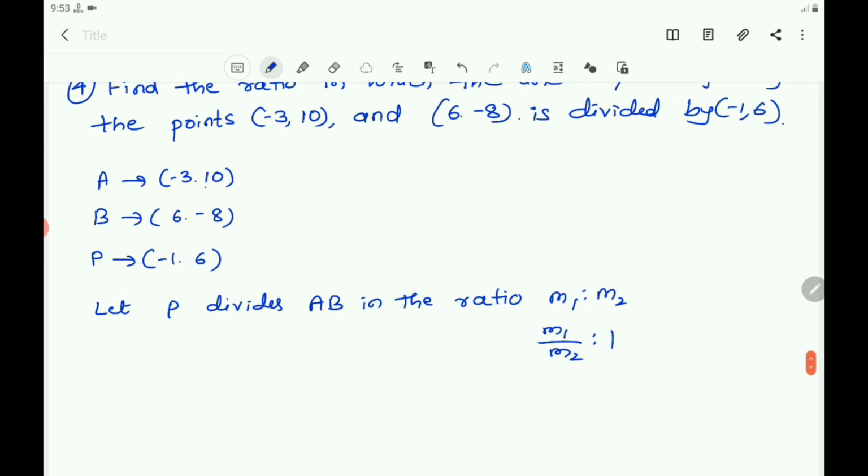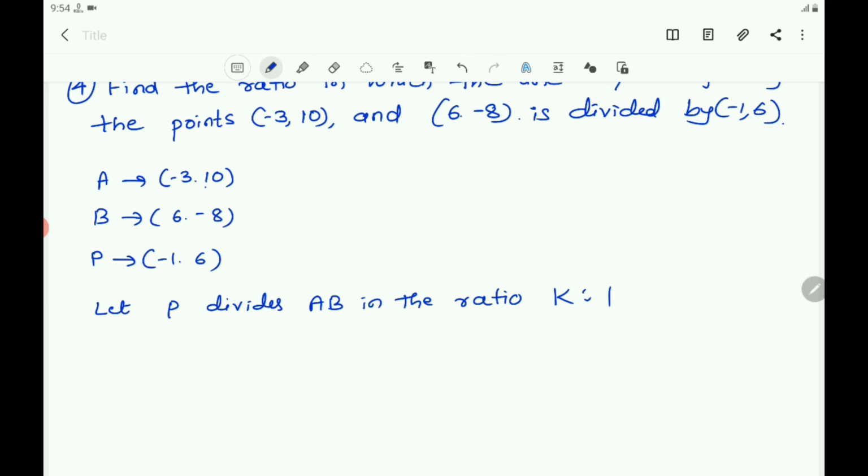Let us consider M1 by M2, that is, K is to 1. It is better to take it in the form K is to 1, and you will get the answer very easily. So you take the ratio as K is to 1. K means here M1 by M2. Directly you will get the value of K, that is nothing but M1 by M2. The ratio you can write easily. You have taken that P divides AB in the ratio K is to 1.